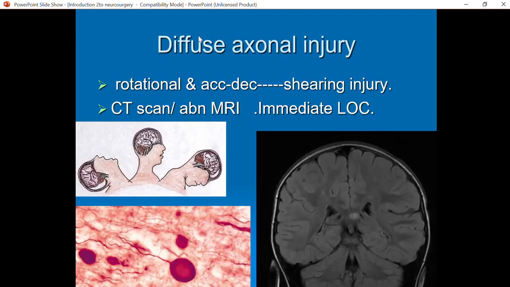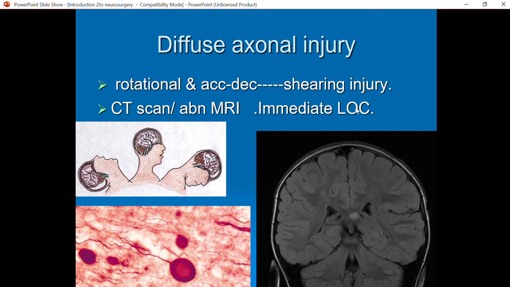Diffuse axonal injury, as the name indicates, is an injury to the axons of the neurons because of sudden acceleration and deceleration, like a person driving at high speed and hitting some static object. There will be a sudden deceleration with rotation, and in this case, the axons rotate around their own axis and get injured, and ultimately the neuron will die.